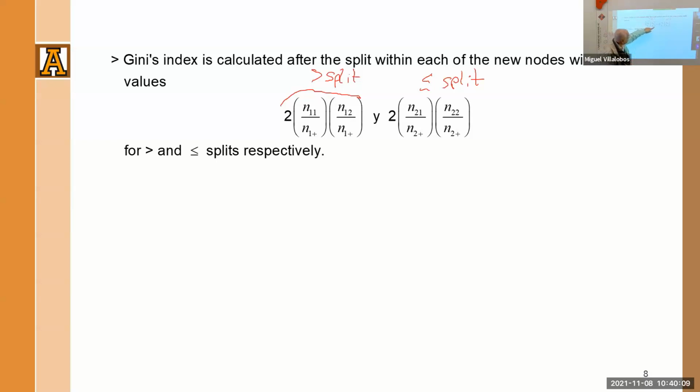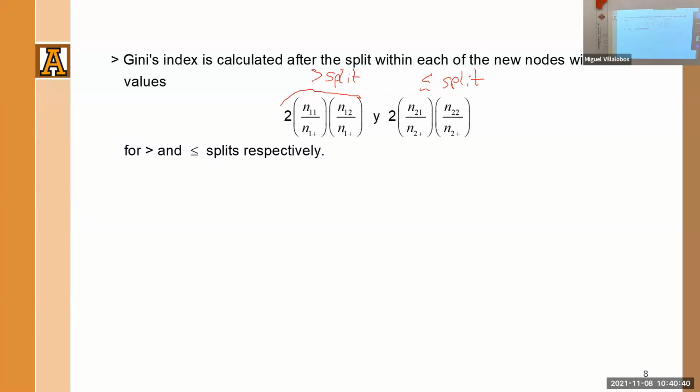And then I have N12 divided by N1+, which is my estimate of P2 after the split. Likewise here, this is the estimate of P1 after the split for the less than or equal split, and this is my estimate of P2, the probability of class 2, for the less than or equal split.